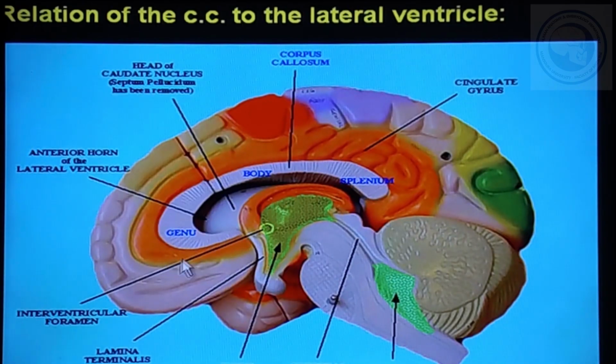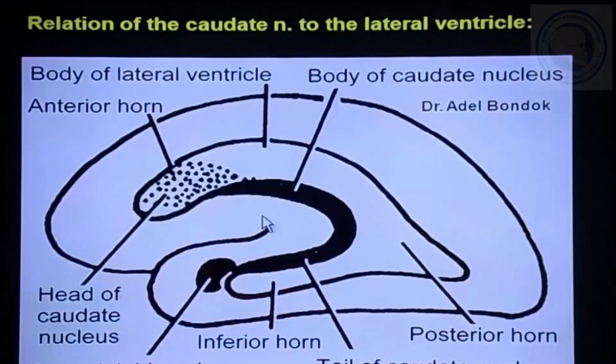The genu is anteriorly, while the body of corpus callosum forms its roof. What about here? Here is the site of the posterior horn of the lateral ventricle. This is related medially to the splenium of corpus callosum. What about the central part of the lateral ventricle? It is related to the body of the corpus callosum above.